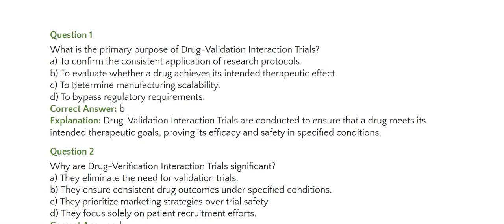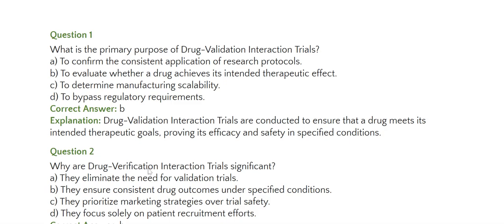So definitely the answer is B, to evaluate whether a drug achieves its intended therapeutic effect, as drug validation interaction trials are conducted to ensure that a drug meets its intended therapeutic goals, proving its efficacy and safety in specified conditions.